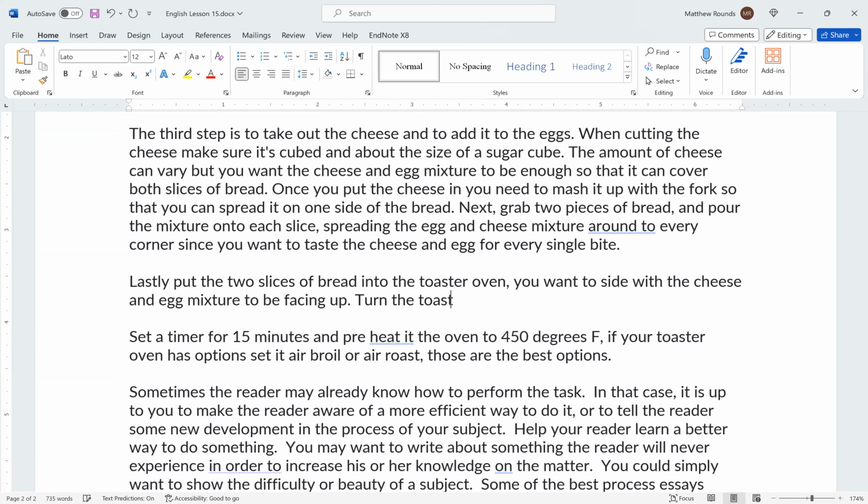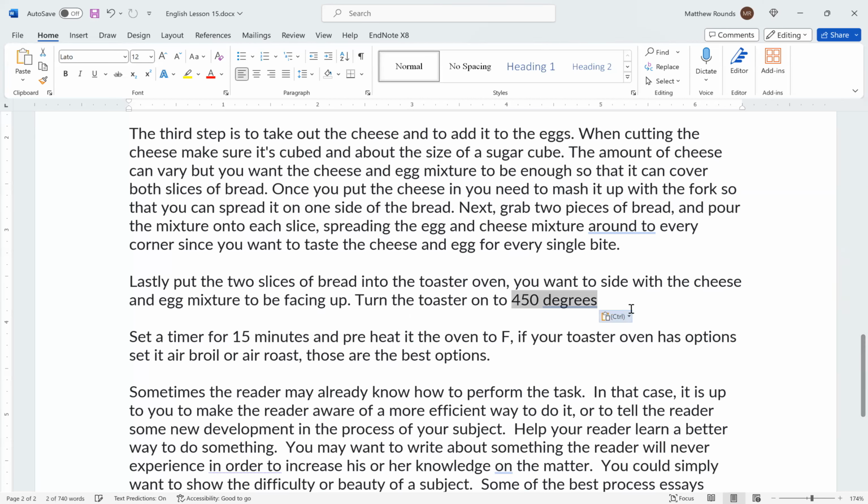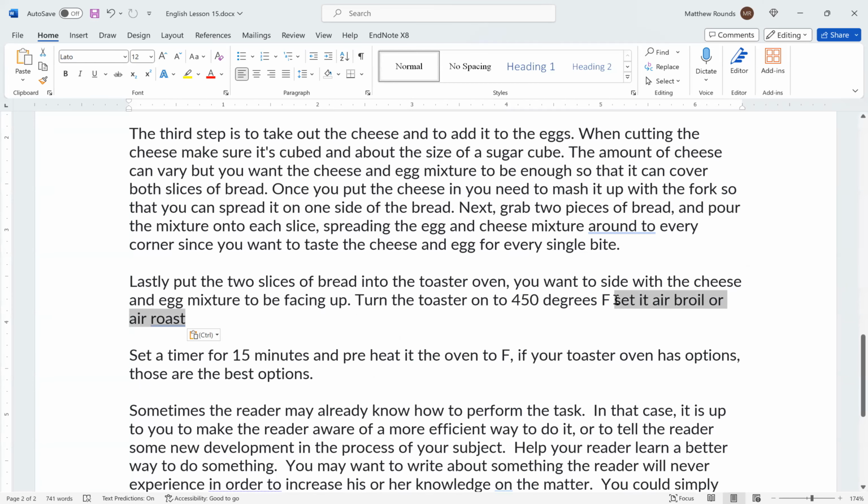Turn the toaster oven on to 450 degrees F. Set it to broil or air roast if these options exist. On mine they do. And I will obviously take photos so I can be like, all right, here's the guide. Cook for 15 minutes. Okay.